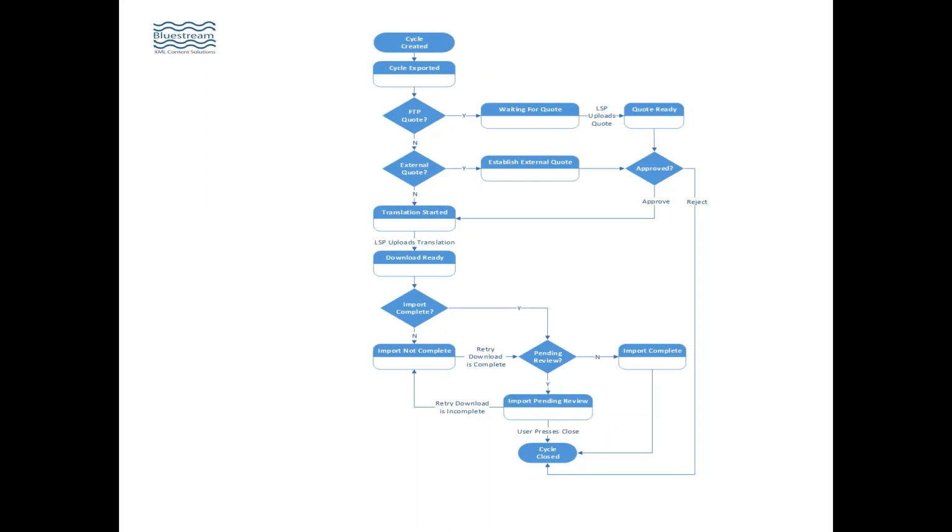We found this very useful for some of our customers that are doing hundreds of cycles a month. They've got a lot of products and a lot of languages, so it became very stressful to not have it automated.